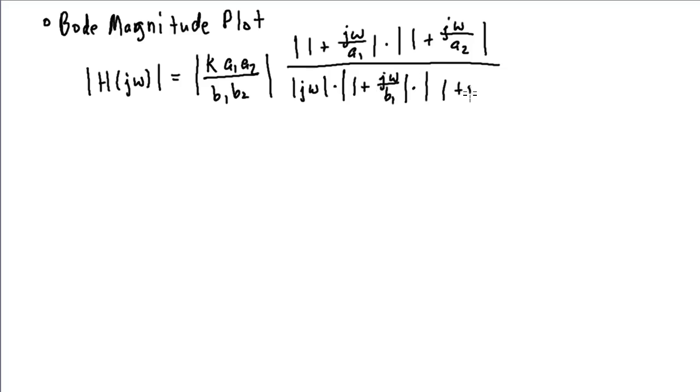I have 1 plus j omega B2 over B3 plus j omega squared over B3. And if we were to plot this for a given transfer function, and we'd have numeric values for all our A's and B's, to plot this by hand is still fairly complicated.